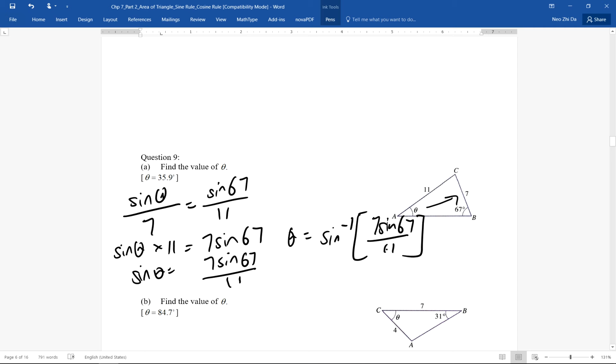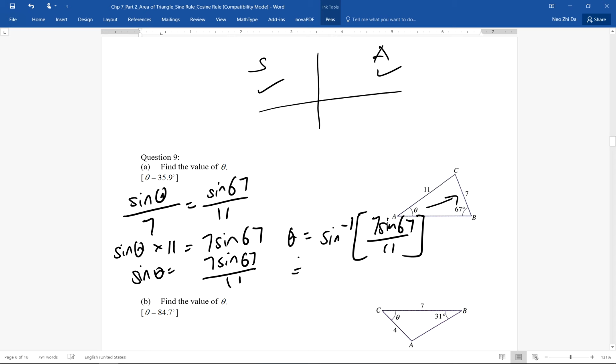So remember, last lesson we said for sine, if the trigo ratio is positive, so this one, if you key inside the calculator 7 sine 67 over 11, the answer is actually a positive answer. So positive answer means AS, so there will be two quadrants: first quadrant, second quadrant. So there will be two answers. And these two answers' angles add up together will give you 180 degrees.